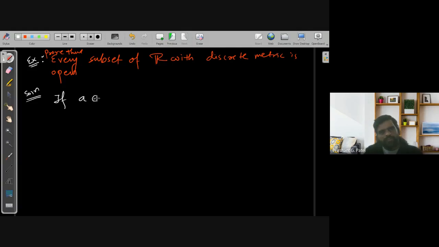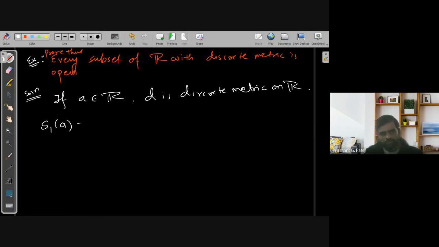So let us say a belongs to R and d is a discrete metric on R. Let us consider this. Then what is the open sphere of this a with radius 1?